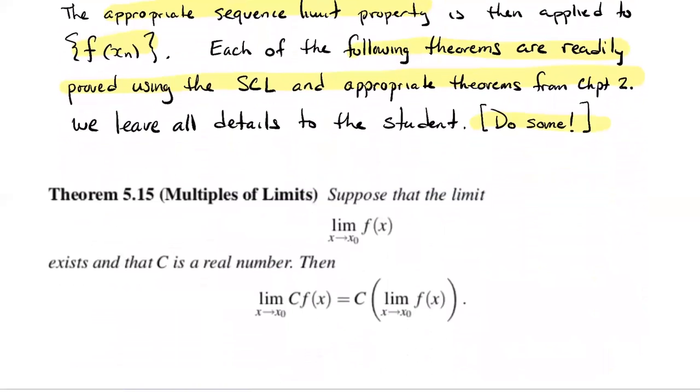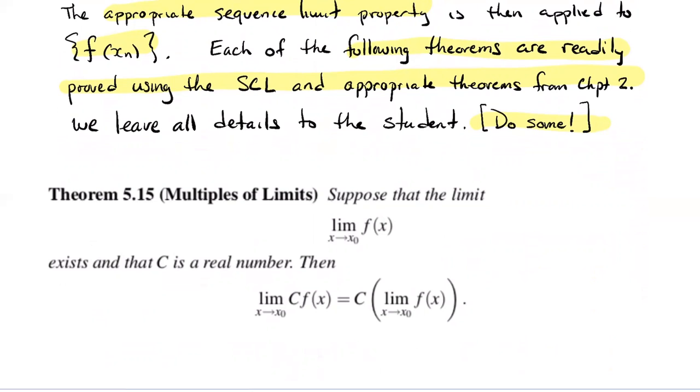One of the very first limit things that we proved past the uniqueness of limits was that if you multiply a convergent sequence by a constant, the resulting sequence converges to that constant times its limit. Well, the same is true for functions.